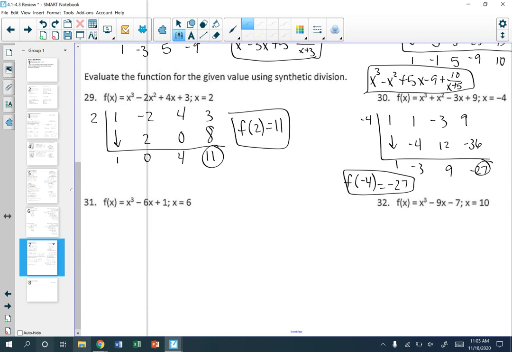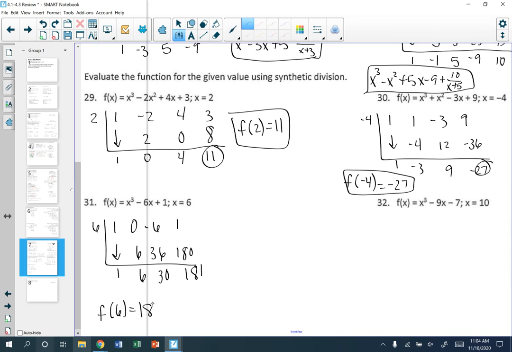Okay, two more. We have an x cubed. We're missing our x squared, so we need that placeholder. X equals 6. Then 30 times 6 is 180. So we get a remainder of 181. F of 6 equals 181.